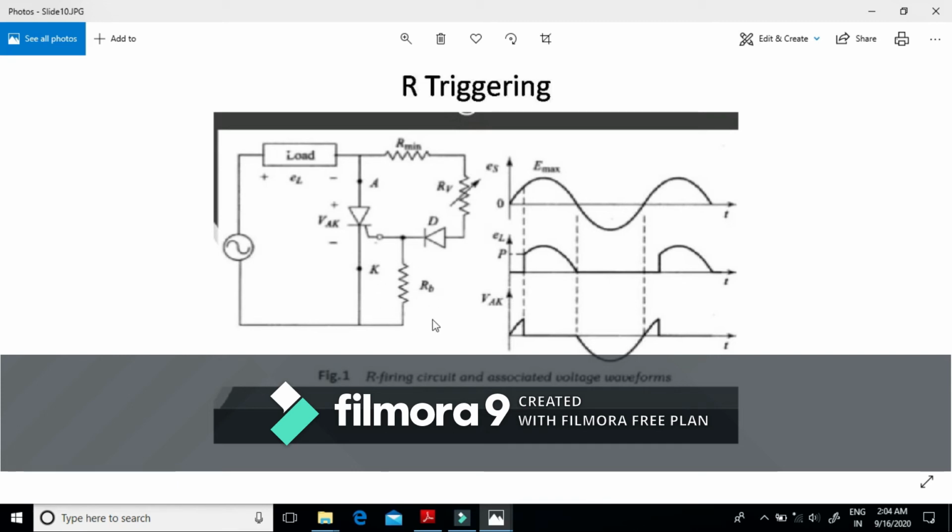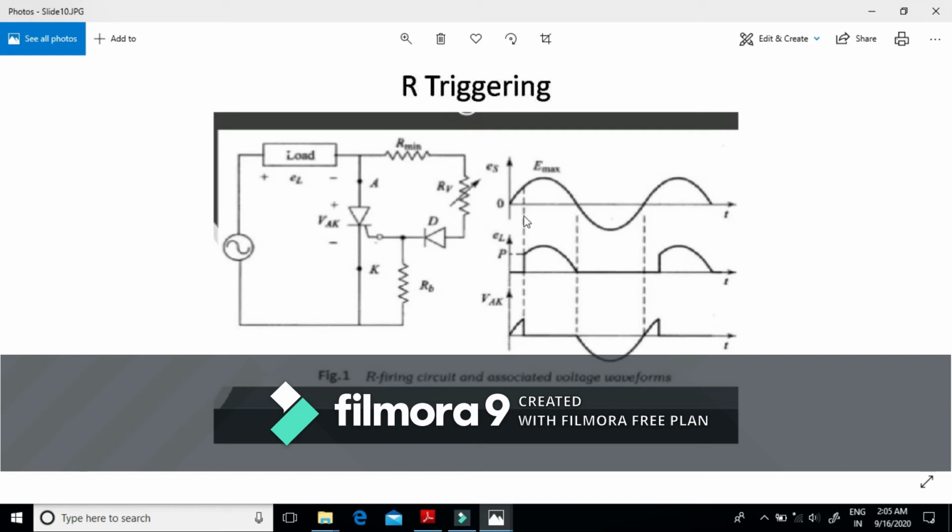To produce the voltage across RB, we need to decrease the resistance of RV. The lesser the resistance of RV, the higher the current across the path, and the higher the voltage across RB. If the voltage across RB is equal to VGT, our SCR will get turned on at that triggering angle alpha. And this is the source voltage, the sinusoidal voltage.